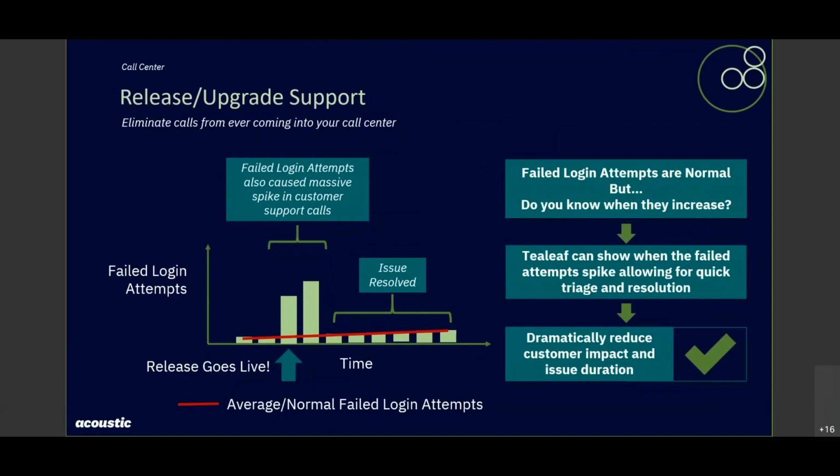Tealeaf sees all of these issues and can report on the very first occurrence. So if a release goes in at 3, it could be fixed by 3:15 instead of waiting until 7, 8 o'clock when the traffic starts to ramp up and now customers are getting frustrated and begin to call.